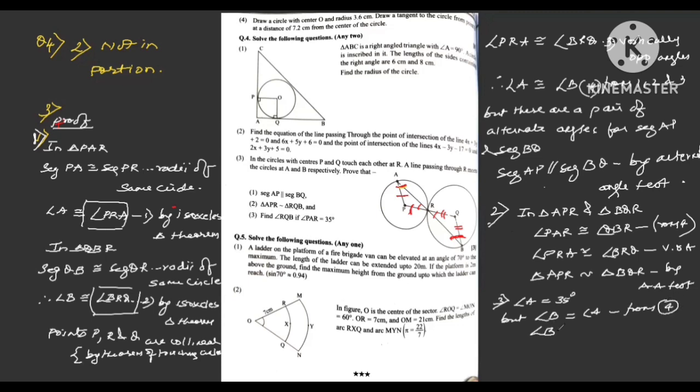Therefore, angle B equals 35. Now in triangle BQR, QB equals QR, radii of the same circle.